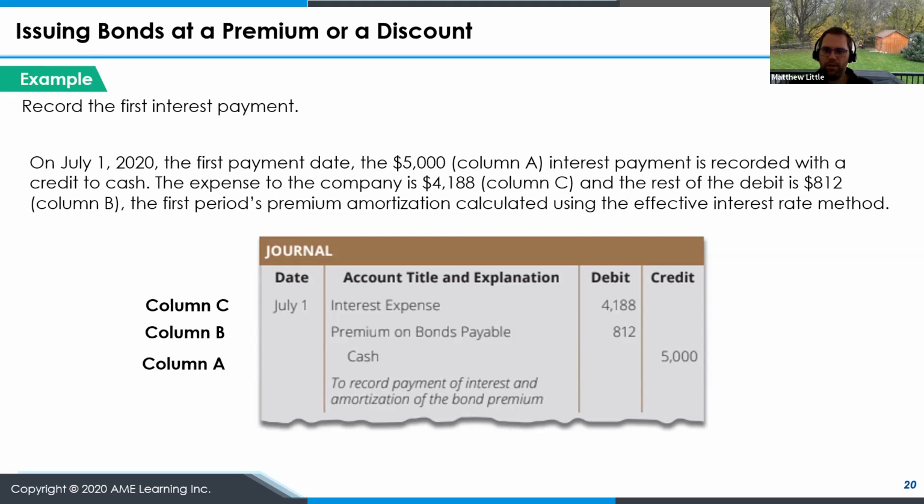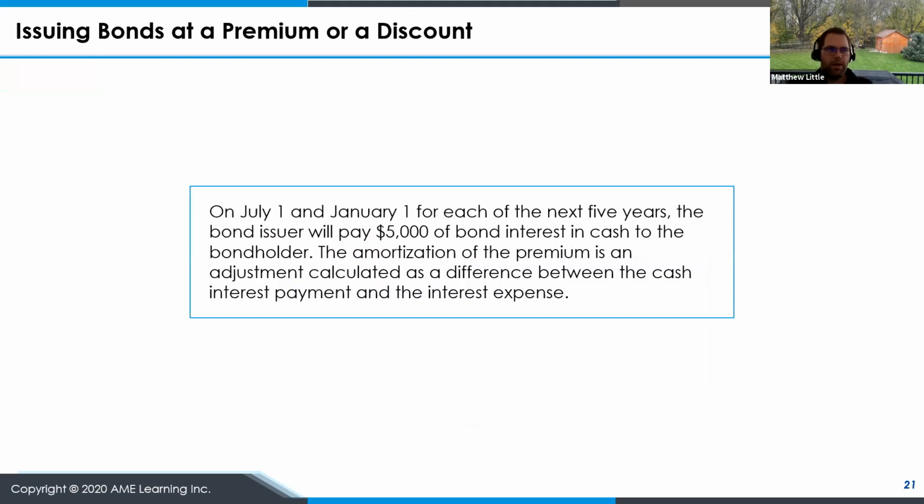And then the debit to the interest expense would be the difference, as we talked about in the previous table, of $4,188. All right, so this recaps what we just said. Amortization of the premium is an adjustment calculated as the difference between the cash and the interest expense.